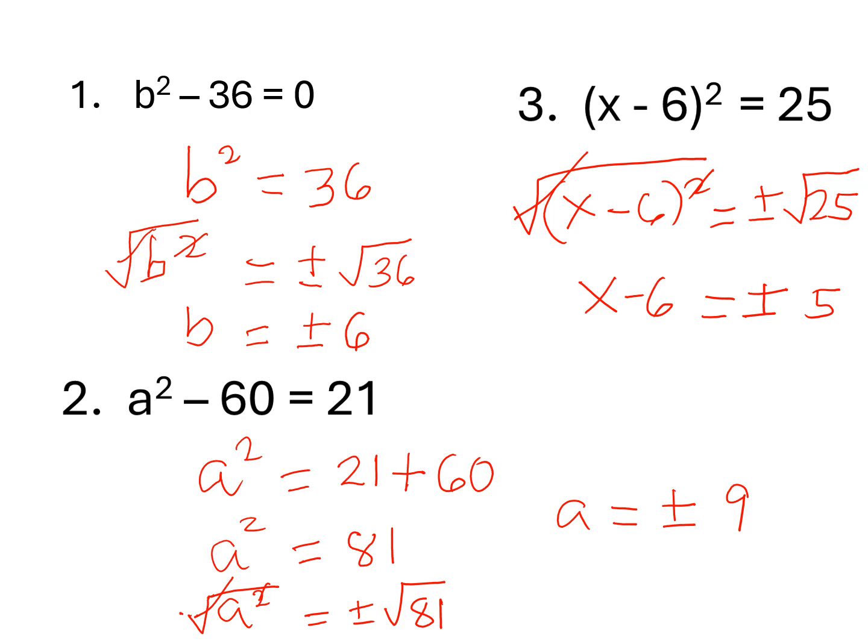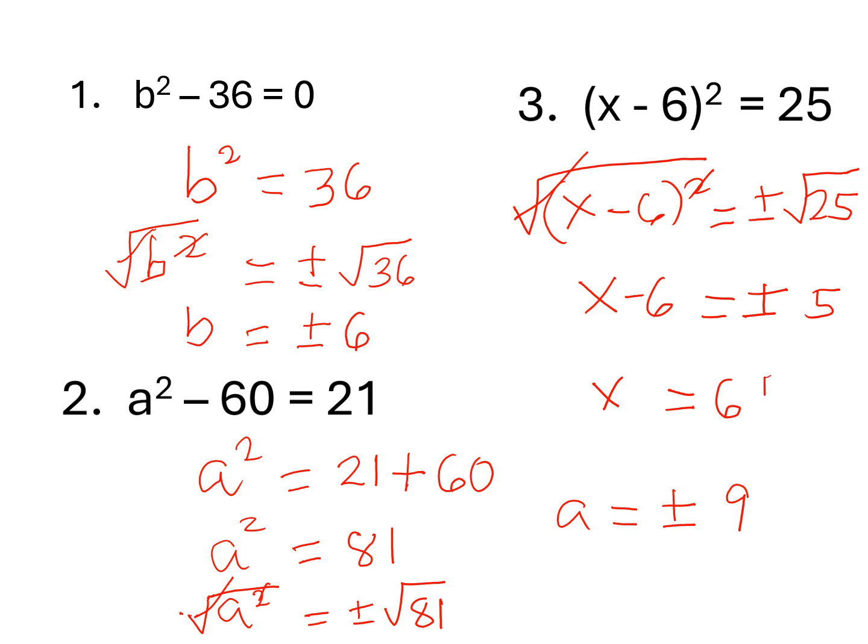Then we will solve for x. x must be on the left side of the equation, so we will transfer negative 6. When we transfer it from the left side to the right side, the sign changes, so this becomes positive 6.